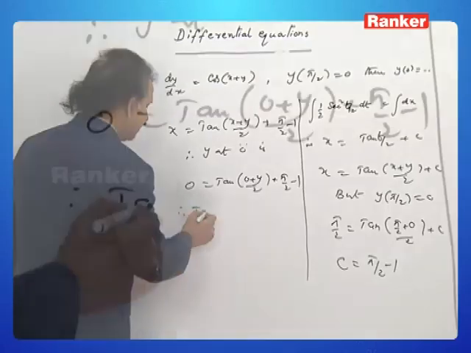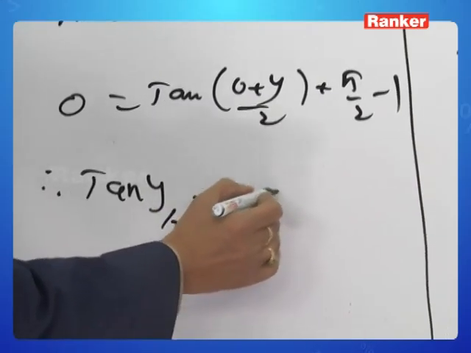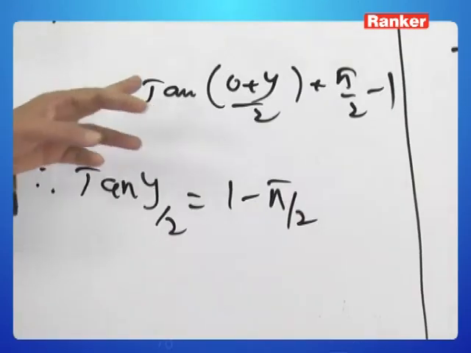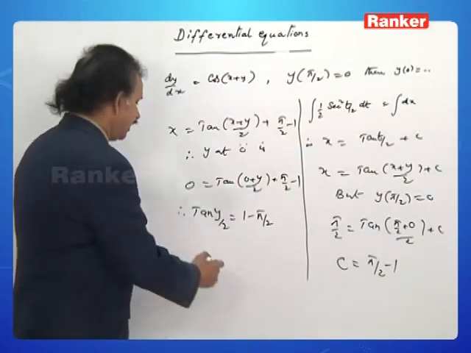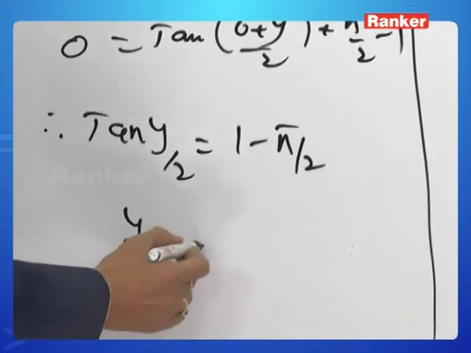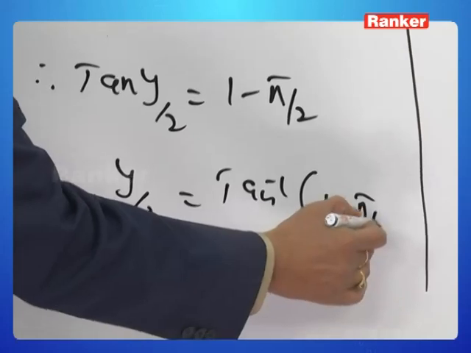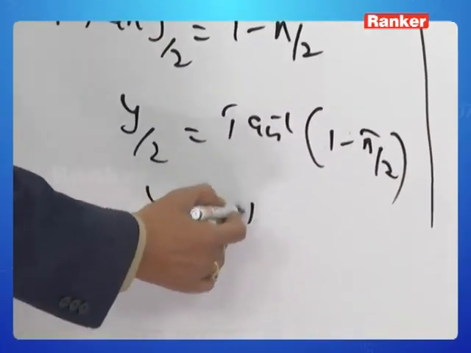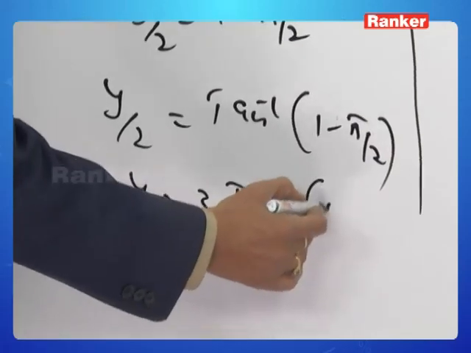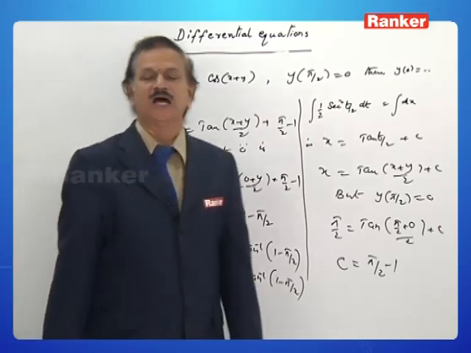Therefore, tan(y/2) = 1 − π/2. Hence, y/2 = tan⁻¹(1 − π/2), or y = 2 tan⁻¹(1 − π/2). This gives you the required answer.